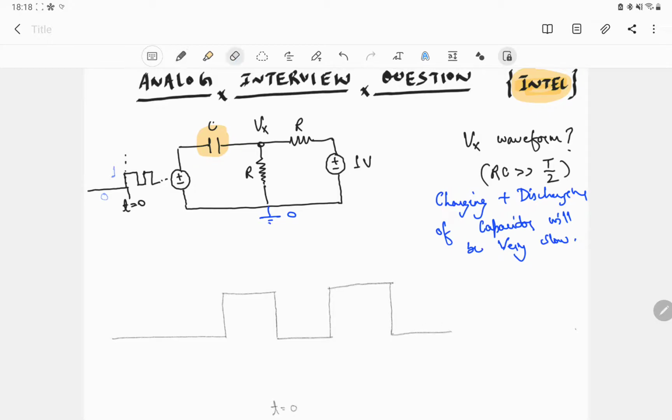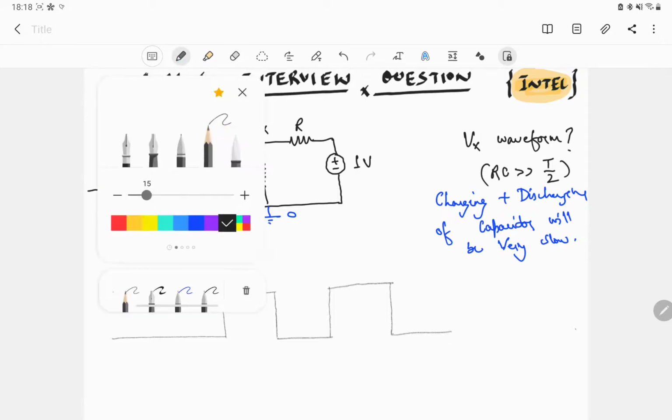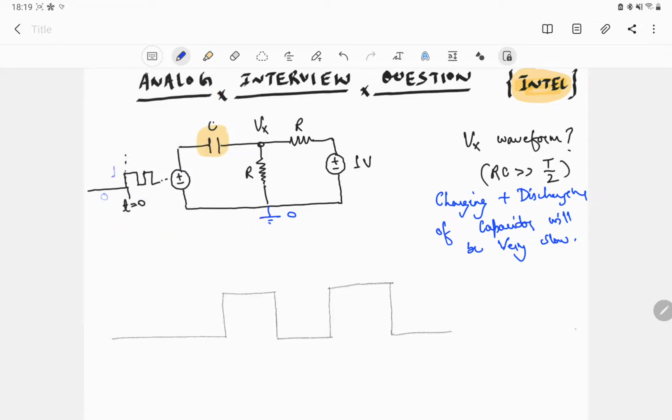Now what's happening is, again if we think of the initial stage when this source is not present, then this will be shorted, right?